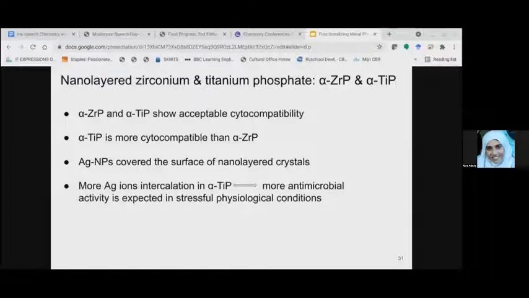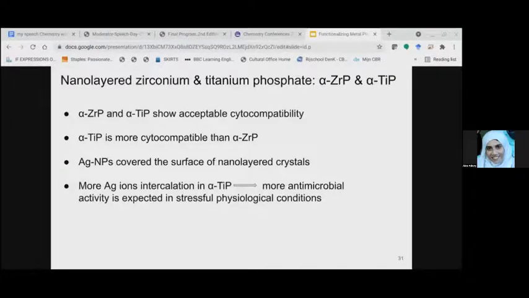And also, the silver nanoparticles covered the surface of the nanolayered crystals, and more because they have a smaller size and they have incorporated more of the silver. It seems like the alpha titanium phosphate was successful to intercalate, to embed more silver ions compared to the alpha zirconium phosphate.